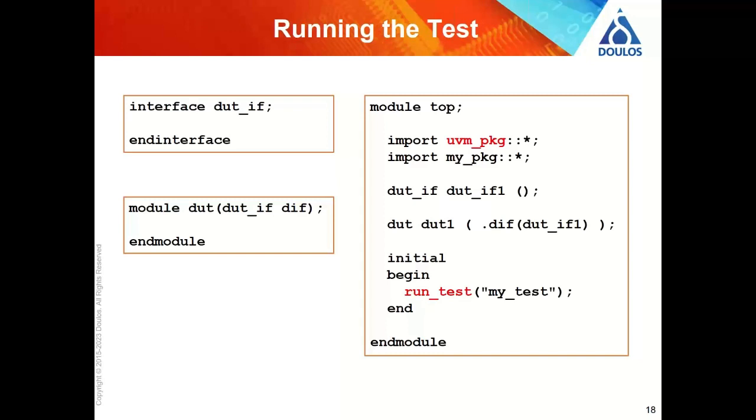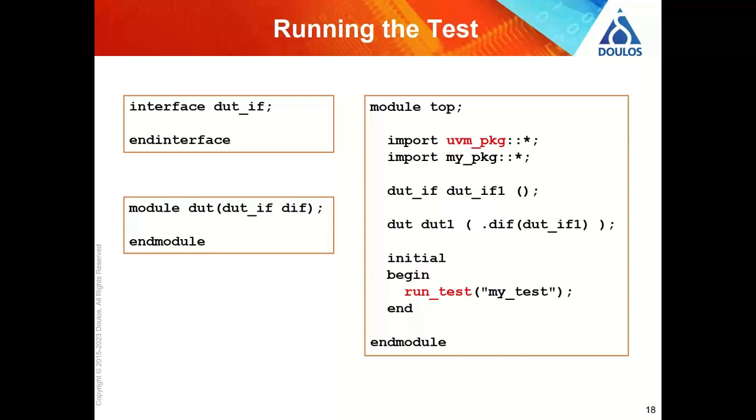When we call run test, that will create an instance of my test. The instance of my test will then have a build phase that creates the environment, and then the run phase will print hello world.